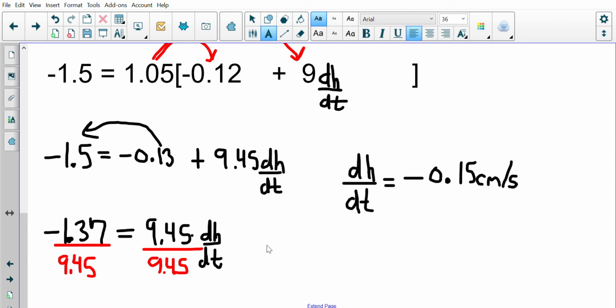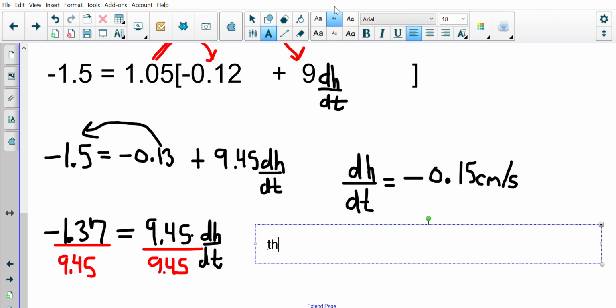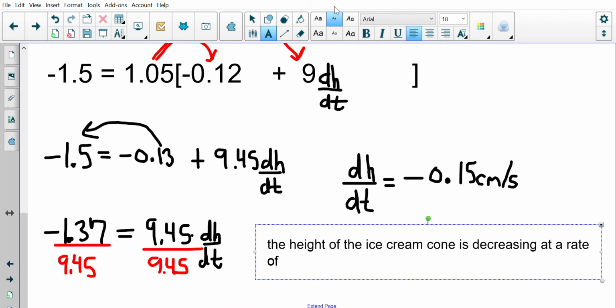And so in this case, given the situation, the height of the ice cream cone is decreasing, because our rate is negative, at a rate of 0.15 centimeters per second when r is equal to 3 centimeters and h is equal to 1 centimeter.